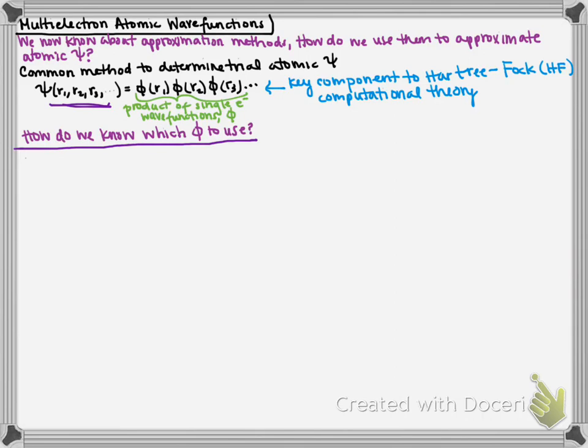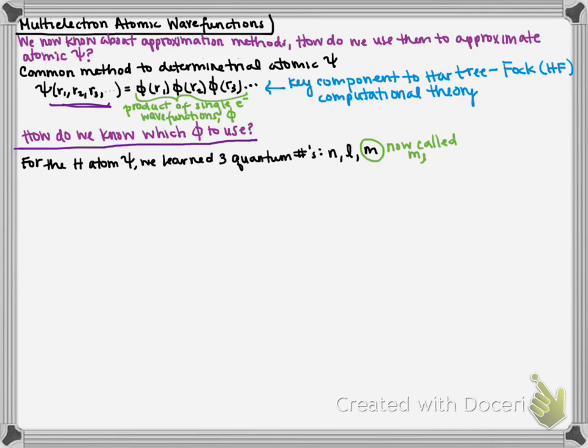In order to think about this, we need to go back to our conversation about quantum numbers. Remember, for the hydrogen atom, for that wave function, we learned 3 quantum numbers. They were n, which was the principal quantum number, and that had something to do with how far away the electron was from the nucleus. l, which was this angular momentum quantum number, and this told us something about what kind of orbital, what was the shape of the orbital.